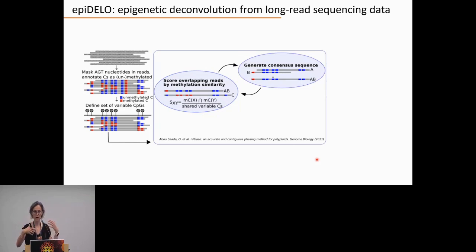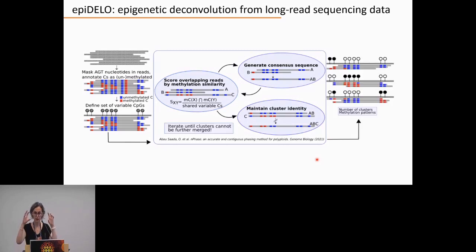And you keep on comparing pairs of reads and pairs of consensus sequences until you hit the point where there is nothing that can be merged anymore, because all the reads are too dissimilar among them. So then the output of this algorithm is the groups of reads in every one of these areas in the genome which are rich in CpGs, the groups of reads in that region and their consensus methylation profile in every one of these clusters.